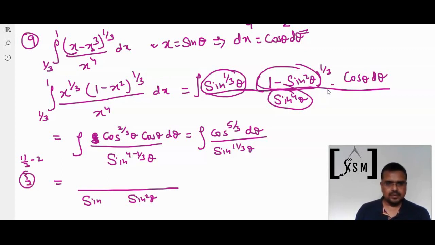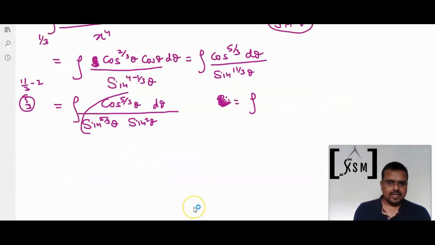Basically power 5 over 3 and power 2, when you add, you will again get 11 over 3, right? Now the benefit is that the numerator has cos to the power 5 over 3 theta, and that is d theta. The denominator has the power 5 over 3 as well, and the remaining part becomes 1 over sine square theta, which we will write as cosec square theta, right?